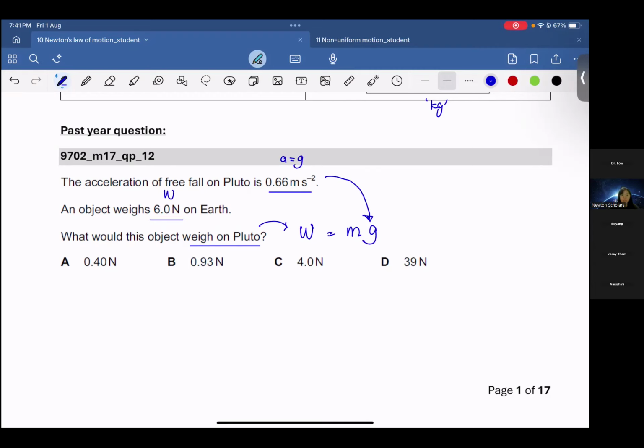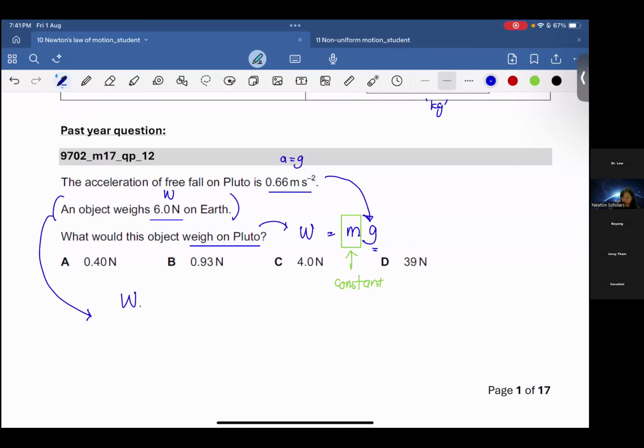Look at this, the weight on Pluto: W equals mg. Now I know g is 0.66, but the problem is I don't know the mass. You have to always remember the mass is always constant. No matter on the Earth or on Pluto, it will be the same. So I can use this sentence to find out the mass.